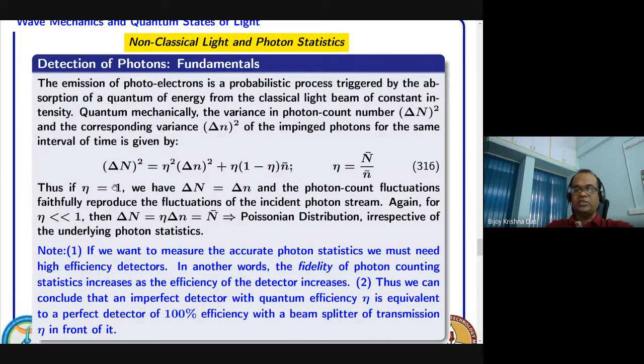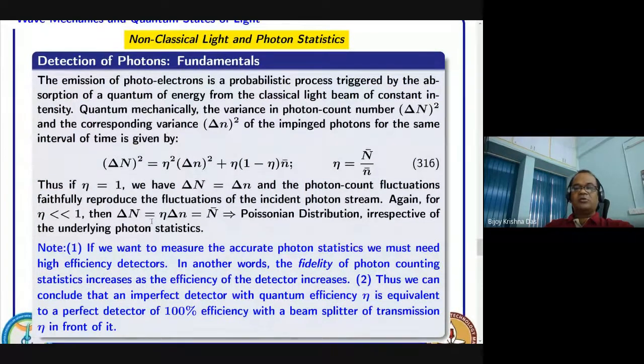So higher efficiency is always good. Since high efficiency is very difficult, our intention is to get a sub-Poissonian source, and we have mentioned that a sub-Poissonian source is possible to generate, but in detection, if eta is not very large, then there is a problem.